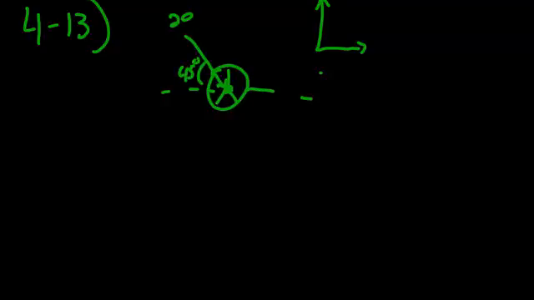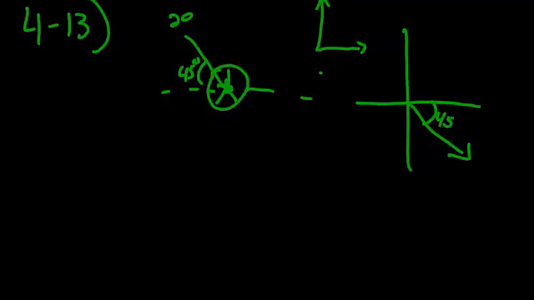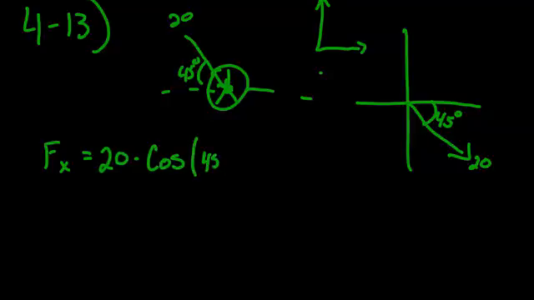So we can think of this now as a vector at 45 degrees in the fourth quadrant with 20 pounds of pressure. So now F of x, the force of x, is just equal to 20 times the cosine of 45 degrees for the x.